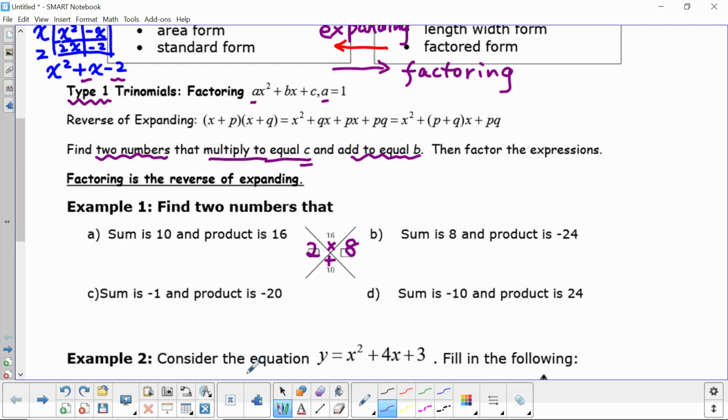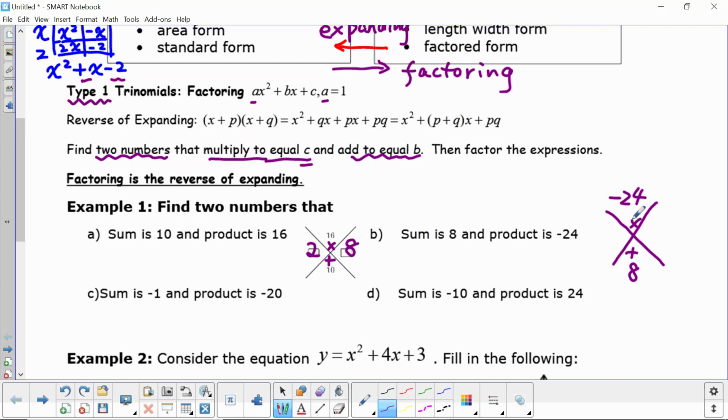Then after that, example 2, we are going to do the factoring. So sum is 8 and product is -24. So times together is -24. Add together the 2 numbers is 8.